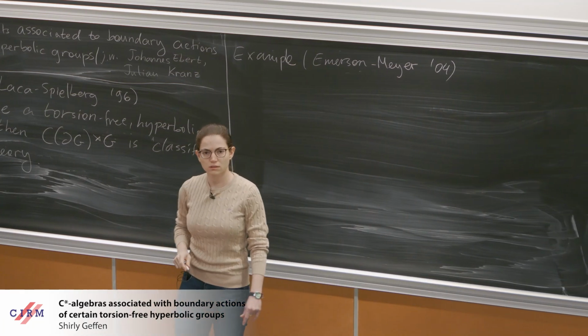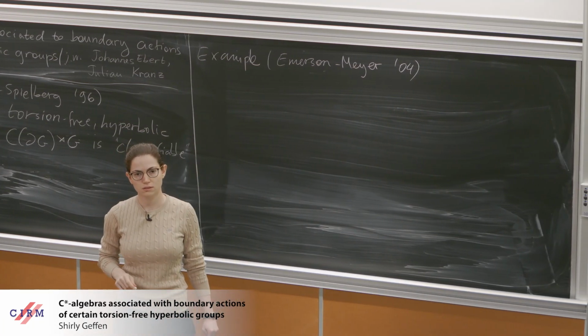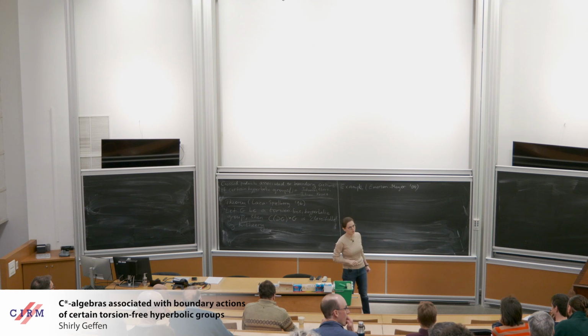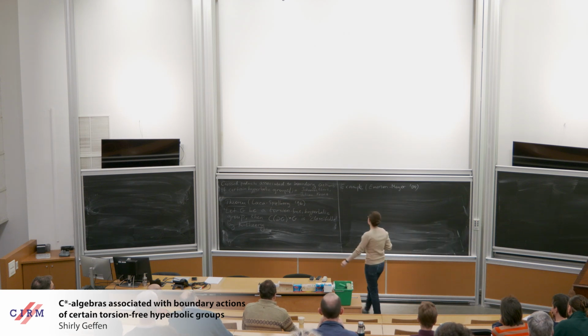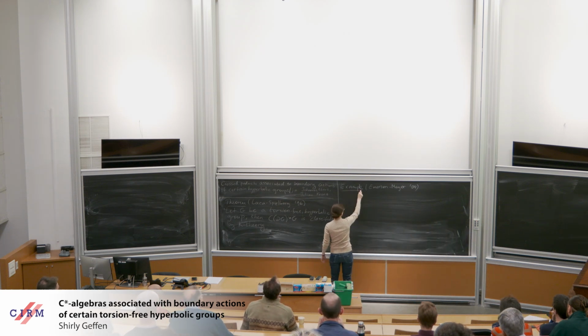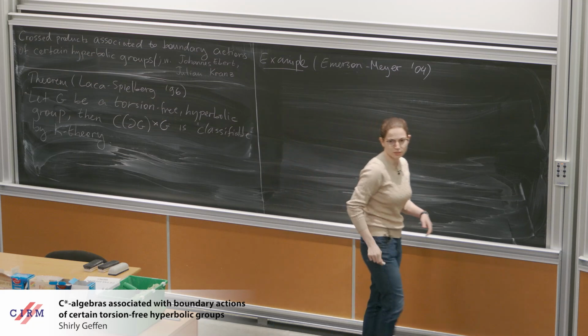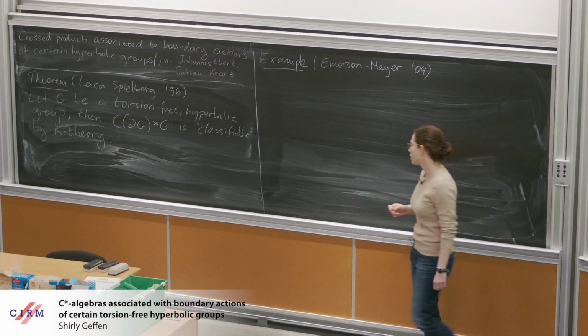Yes? When you say classifiable, you mean classifiable by all elements invariants? Just K0 group and the unit class and K1. In this case, the tracial data disappears.